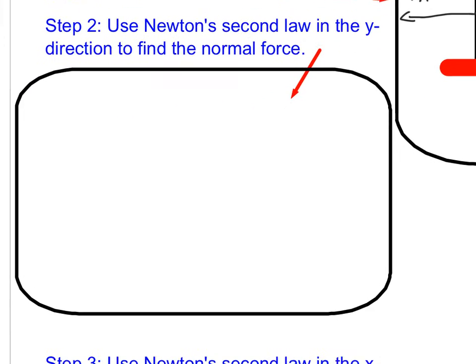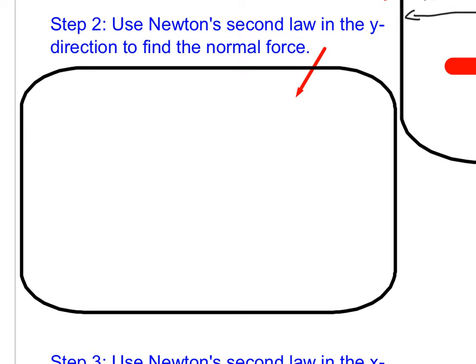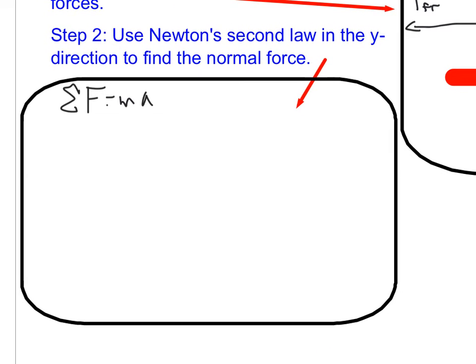So down here, I'm going to use Newton's second law in the y direction to find that normal force. That's what I just did, but I'll work it out. So net force equals ma. And again, we know our acceleration has to be 0. Our box in the y direction is not being accelerated. It's not going into the table. It's not going out of the table. So whatever that mass is, it doesn't matter. It's still equal to 0.